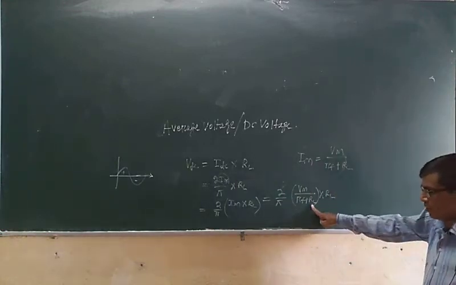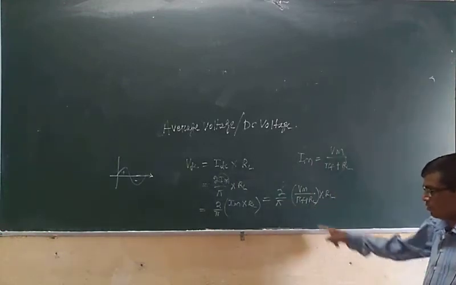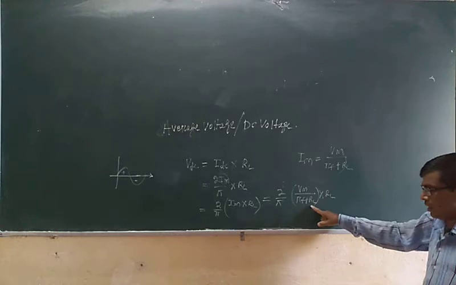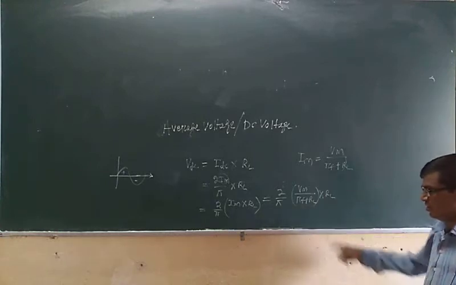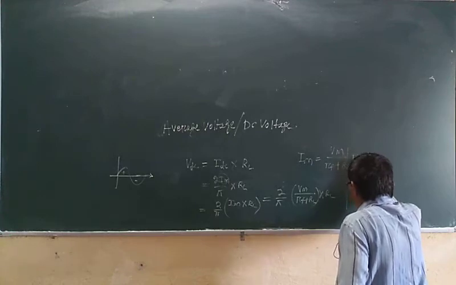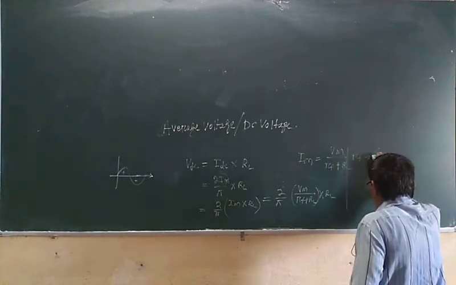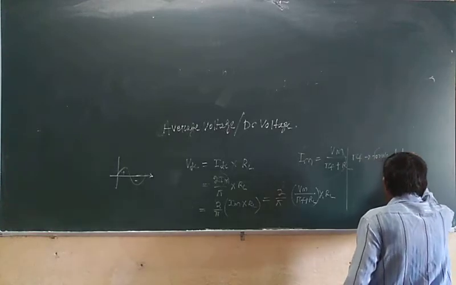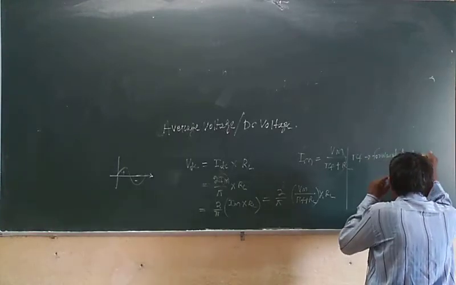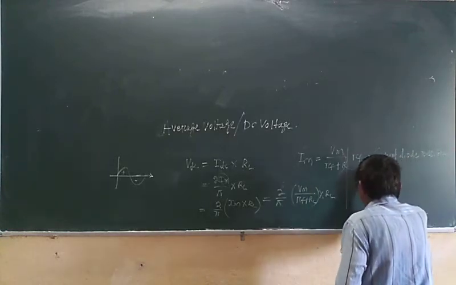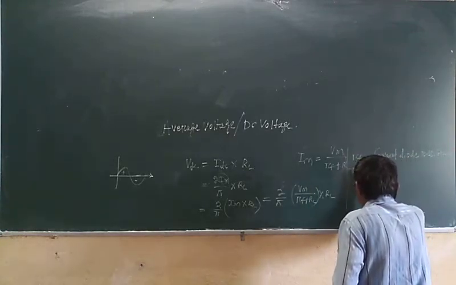In this equation, RF is the forward diode resistance and RL is the load resistance.